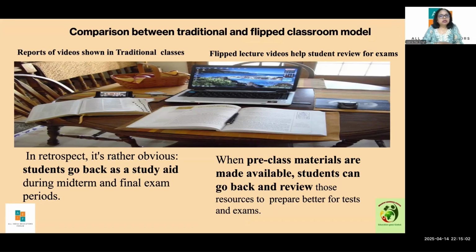They could view them again and again and improve their concept building. A similar thing is happening in the flipped classroom model. Videos are made available and the students can always view and review, go back to the resources, and prepare for better results.